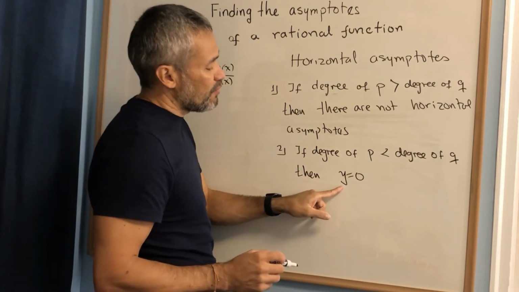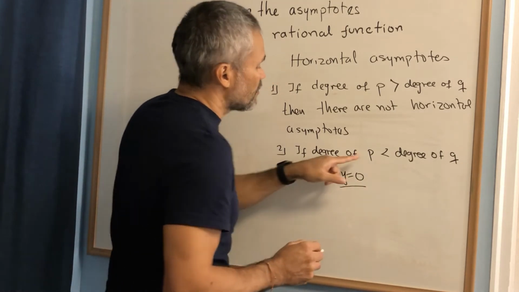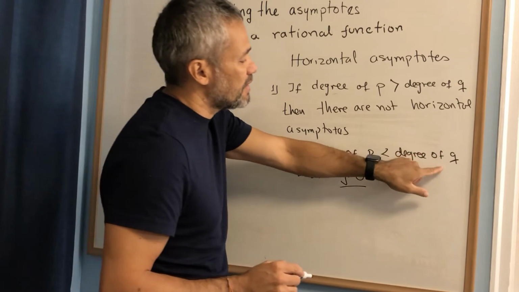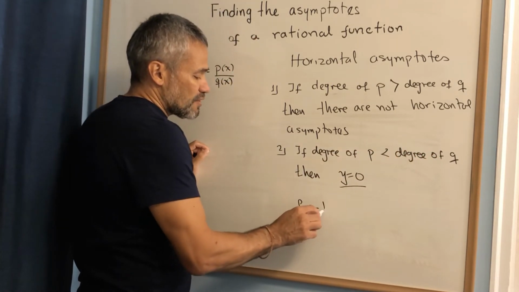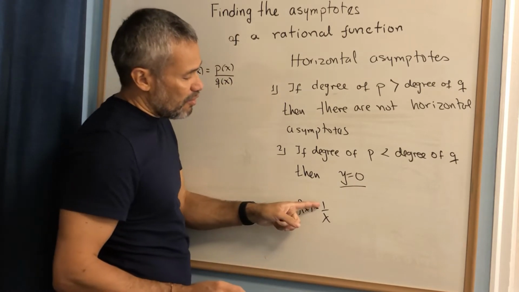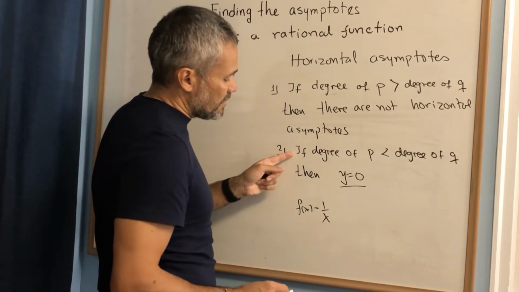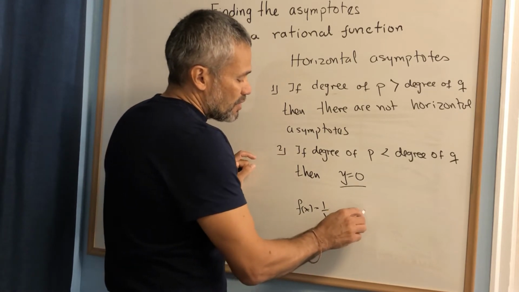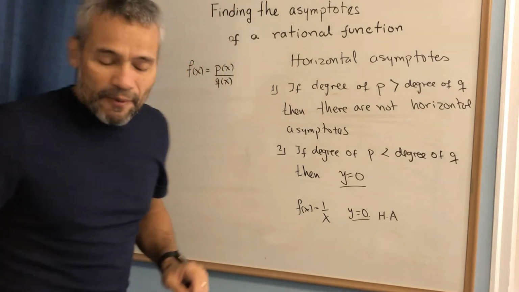Remember, this is to be viewed as a horizontal line. Then there is only one horizontal asymptote if the degree of P is smaller than the degree of Q. Notice that that was what happened here for this function. The degree of P is 0, the degree of Q is 1. Then we are in this situation, and we knew that this is a horizontal asymptote.